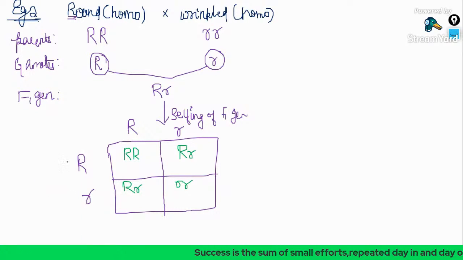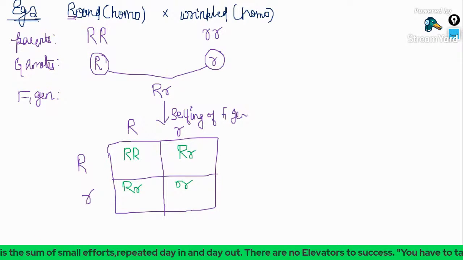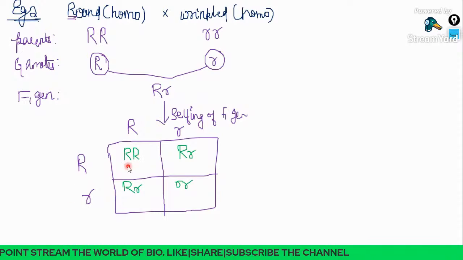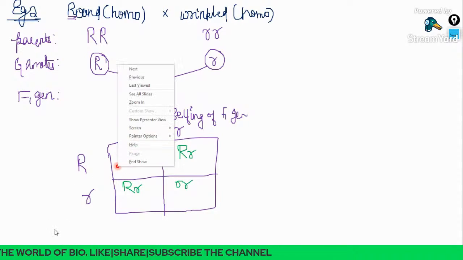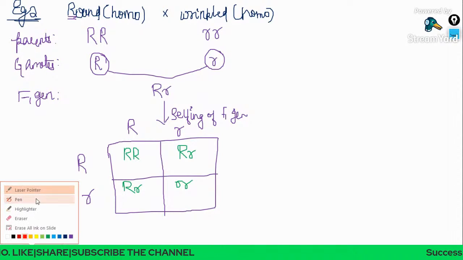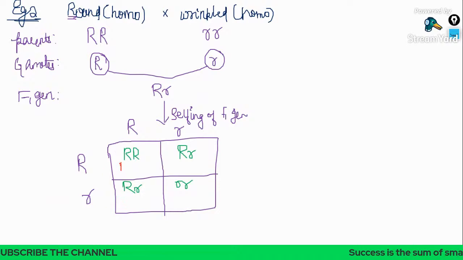This progeny, I'm asking, this progeny, is it round or wrinkled? Absolutely, it has to be round.